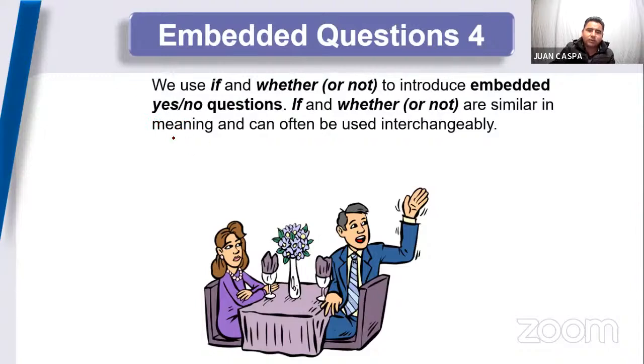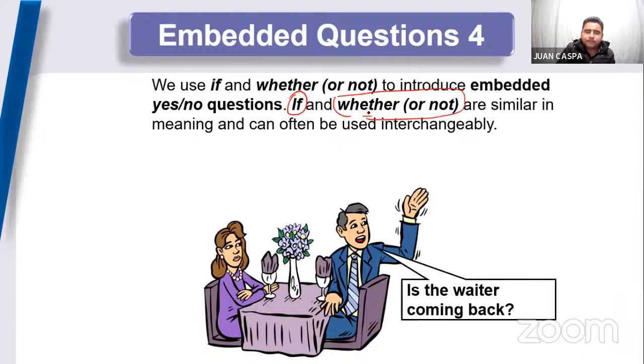For example, yes/no questions, if and whether or not are similar in meaning and can often be used interchangeably. The meanings are similar, so we can interchange. We can use if, or whether or not, or only whether. Se puede utilizar cualquiera.